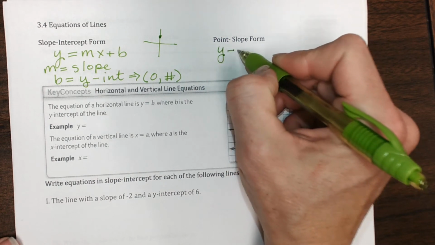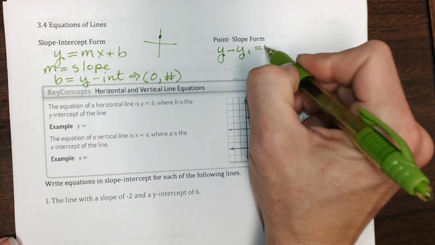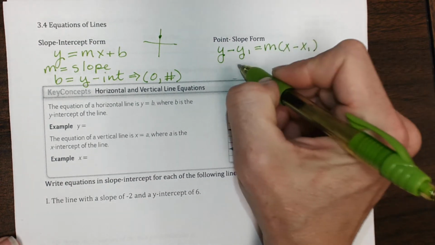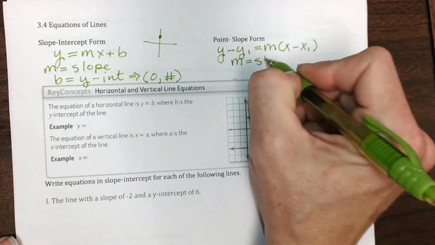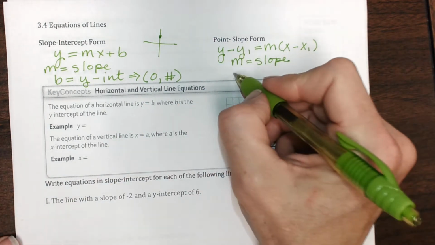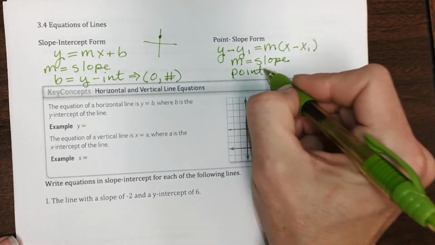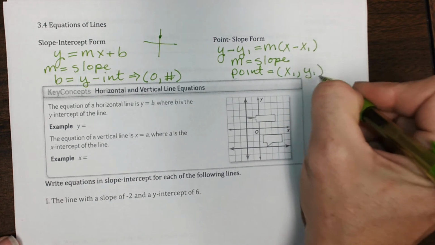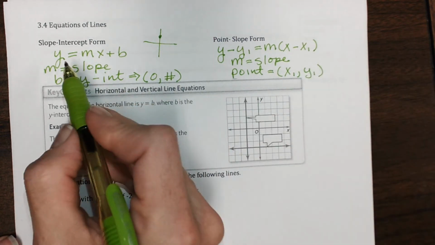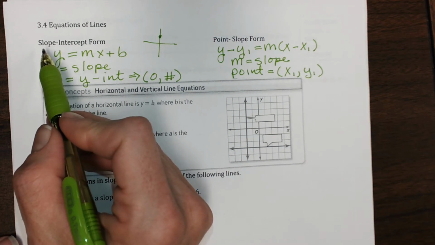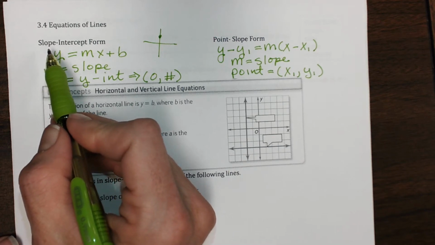Now we also have point slope form. So y minus y1 is equal to m times x minus x1. Now this is when we are given a slope, or when we can calculate the slope, and we have a point. So our point would be (x1, y1). Notice that the names of them tell you what information you need in order to plug into that form.